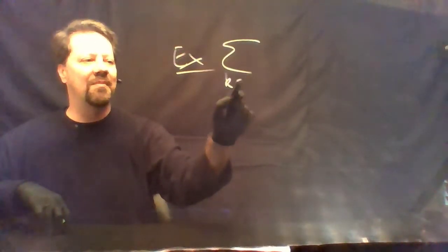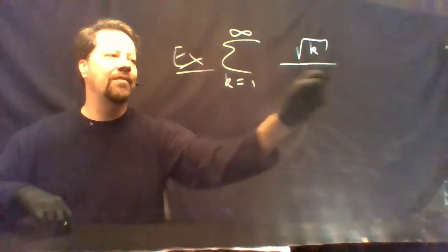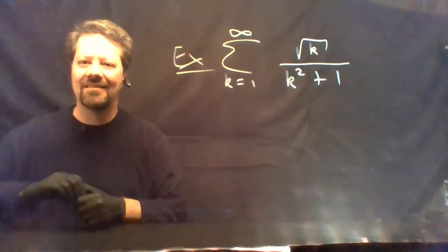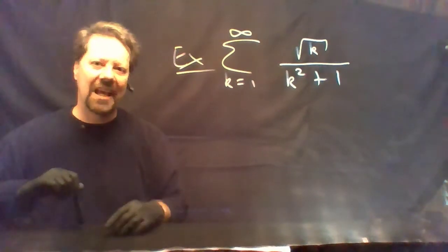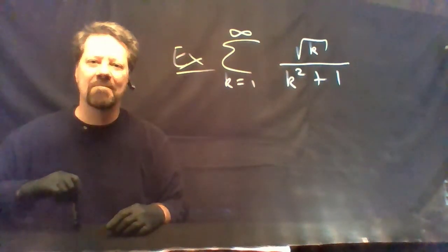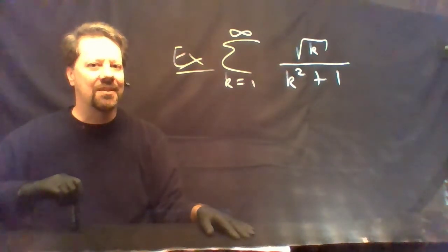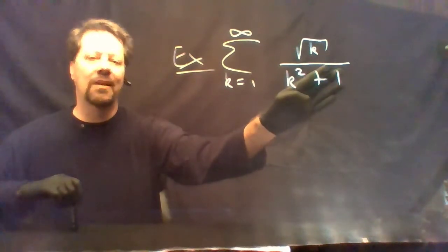Let's do another example. Suppose I have the sum as k goes from 1 to infinity of the square root of k over k squared plus 1. Converge or diverge? What does this series behave like when k gets big? To answer these questions, note that if k gets big, we can ignore the plus 1.